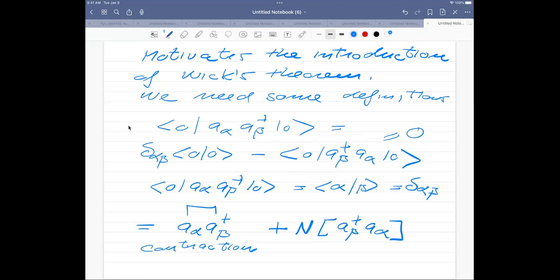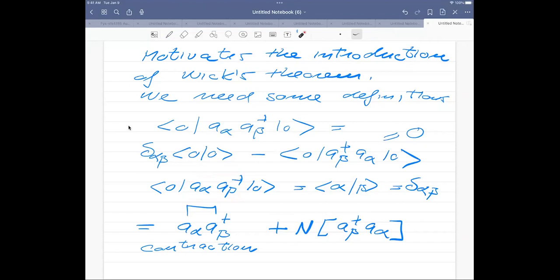If we look at this specific case, the original operator which we had was this operator here. Now the normal ordering has a sign which depends on the number of times we have to change the order of the operators.